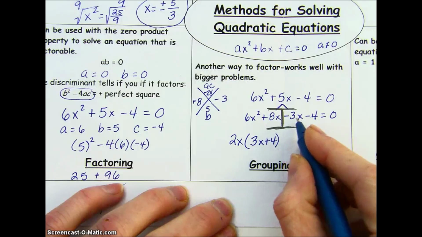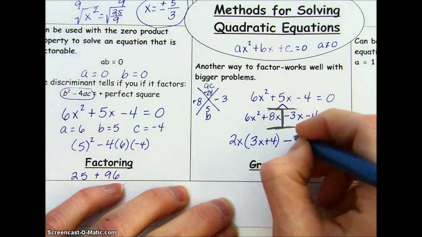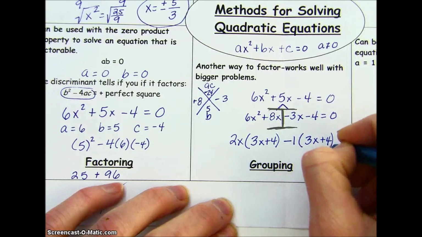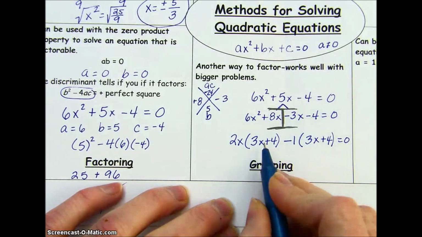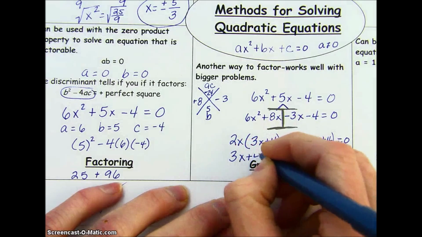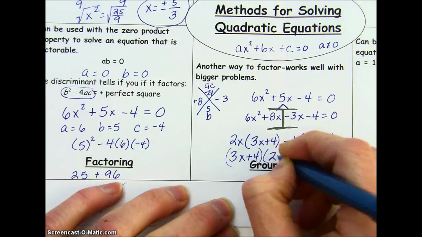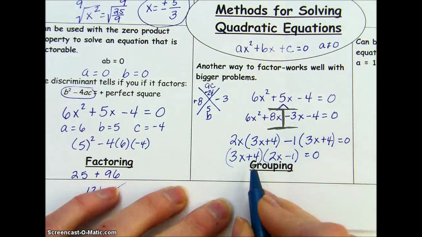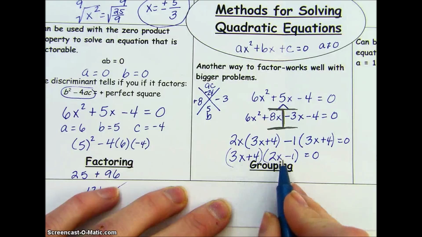This side, negative 3x minus 4, has a negative 1 in common, so we're going to factor that out, and we're going to get 3x plus 4. Now 3x plus 4, that's the common factor. You can bring that out front. And 2x minus 1 is what's left over. And there you can see we have two linear factors.